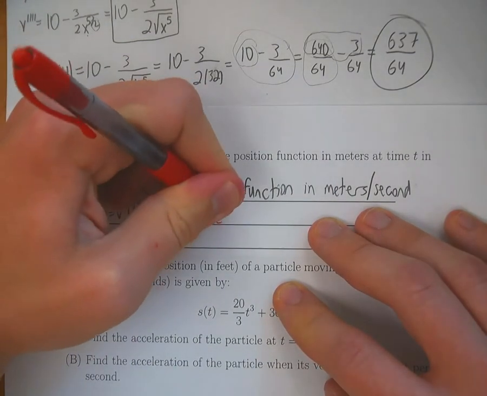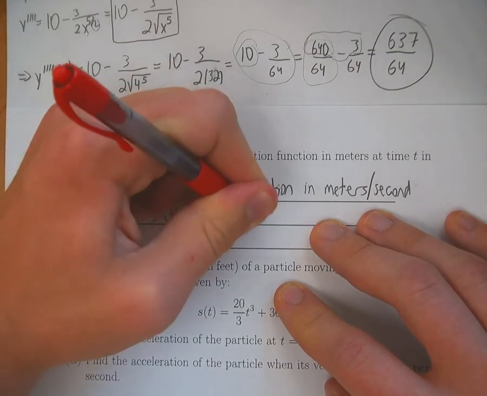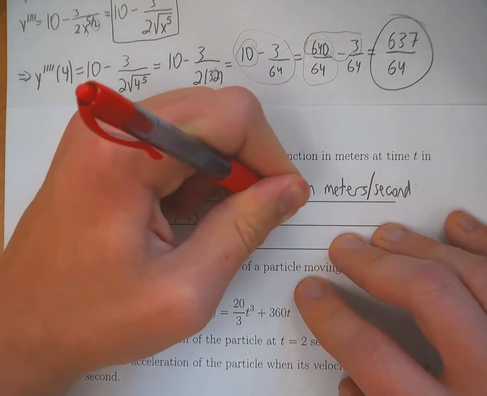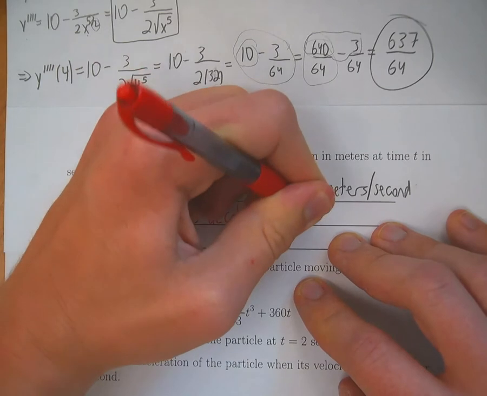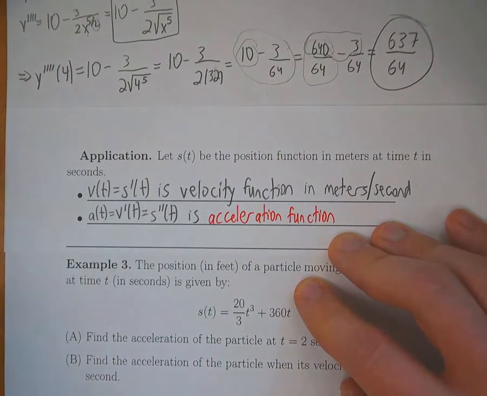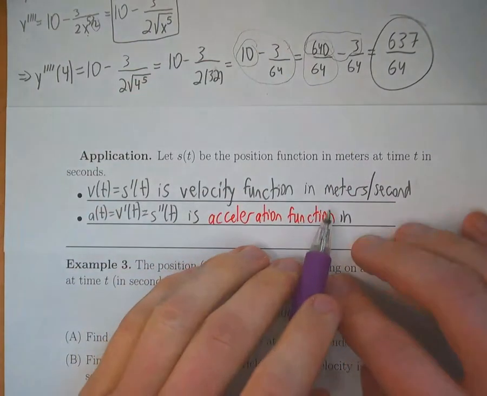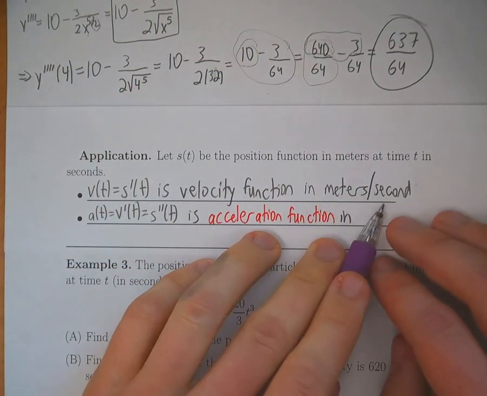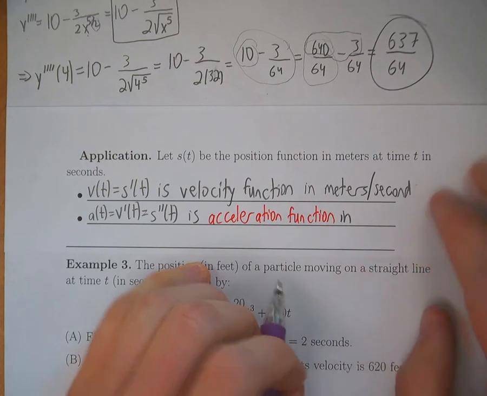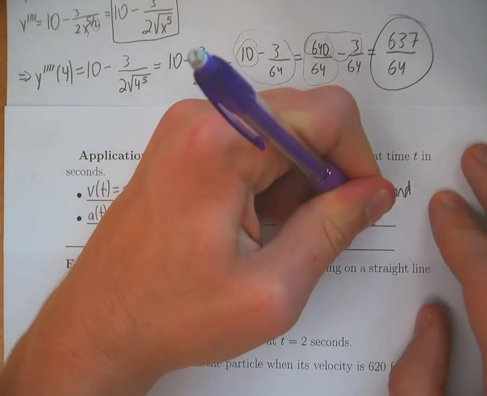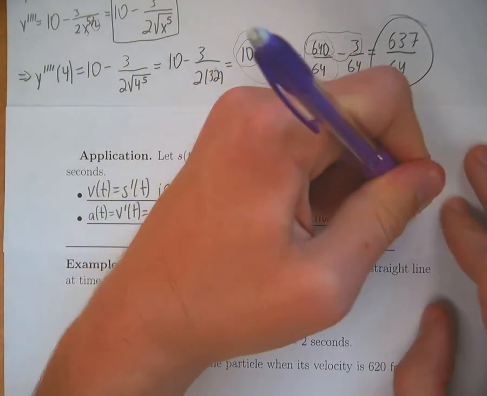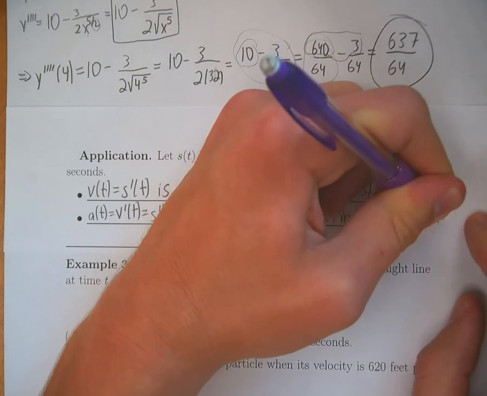Is acceleration function, and in this case you would have meters per second, so meters over seconds squared.